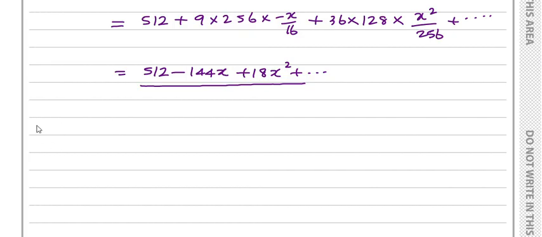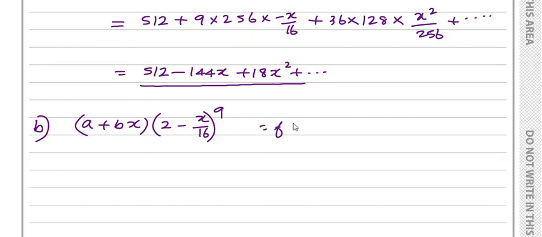Let's do one thing. The question says that (a plus bx) times (2 minus x over 16) to the power of 9 is equal to f of x, and that gives us 128 plus 36x, the first two terms.